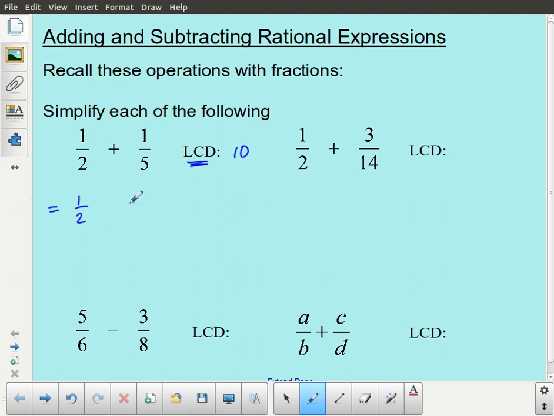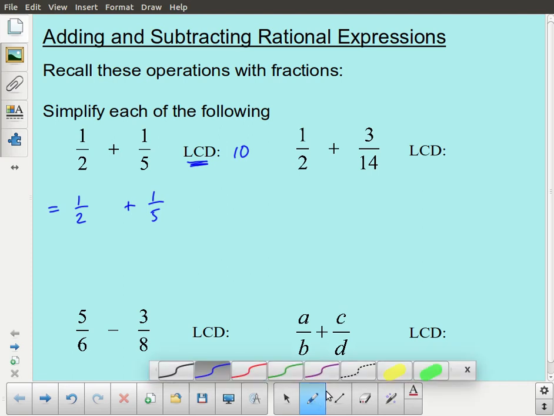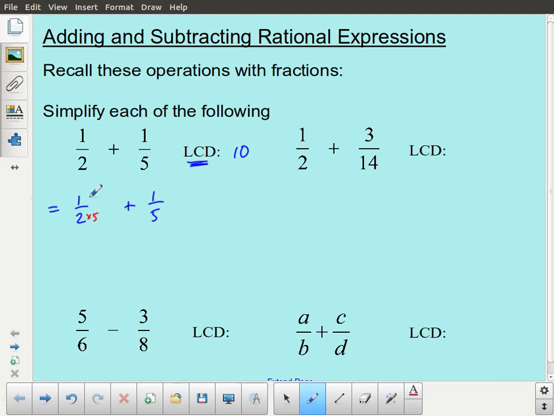The process that you want to go through in order to get these into a common denominator is your target is now 10. So what do I have to do to the number 2 to change it into 10? I have to multiply it by 5. But I'm not allowed to just multiply the denominator by 5. I have to multiply both numerator and denominator by 5.